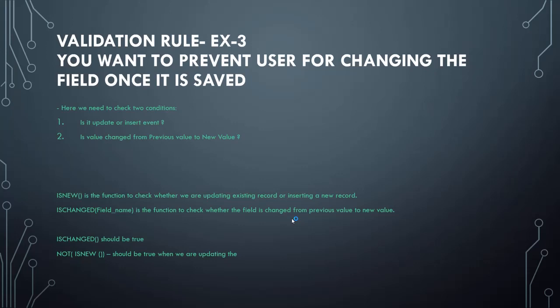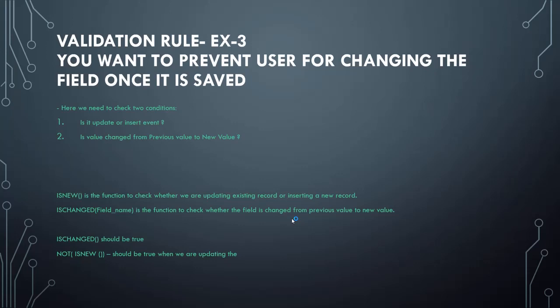And IsChanged is the function to check whether the field is changed from the previous value to the new value. IsNew is returning false when it is an update event. So to make it true, we have to use the NOT function, and IsChanged should be true because if the user is changing from the previous value, it should be true.